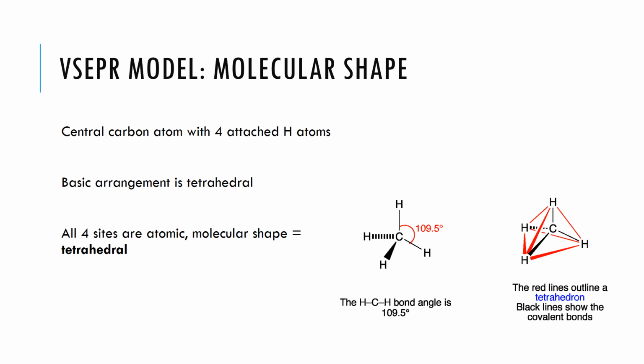Methane then, a central carbon atom with 4 hydrogen atoms. The basic arrangement of regions of enhanced electron density there is tetrahedral. All 4 sites are molecular bonds. So the molecular shape of methane is also tetrahedral.